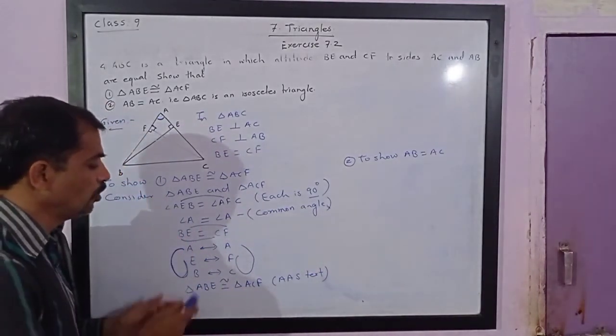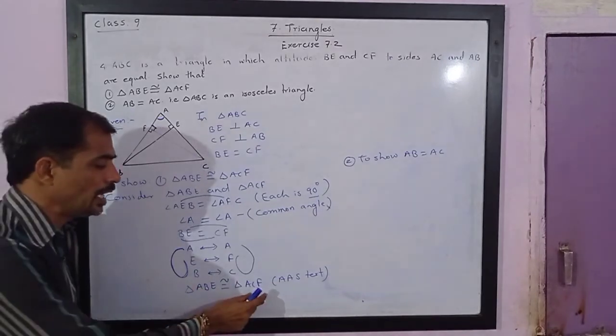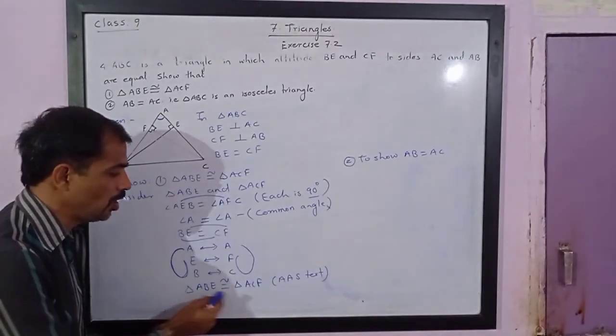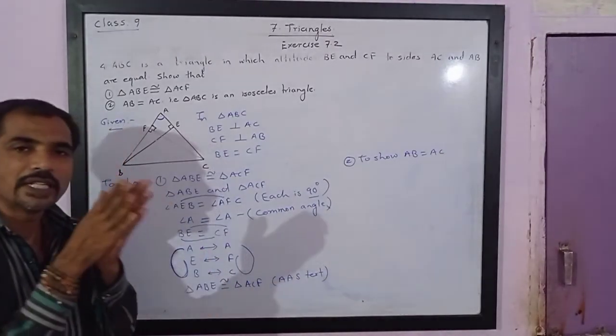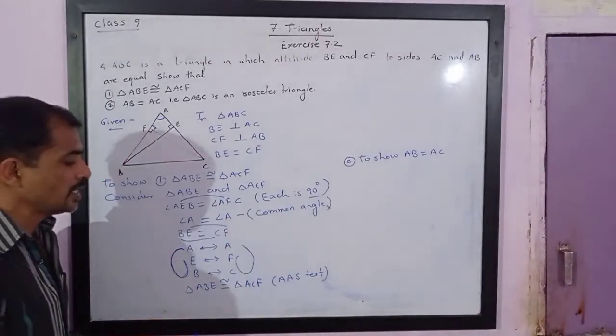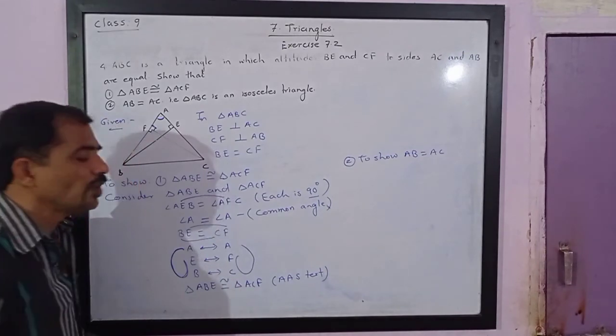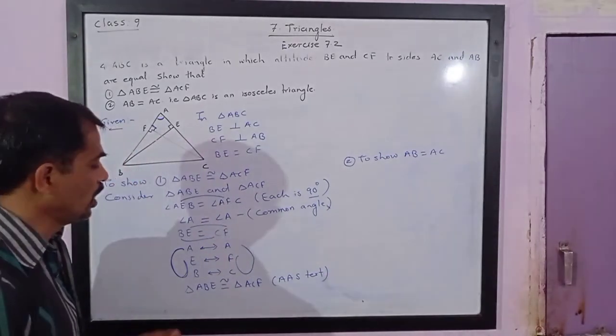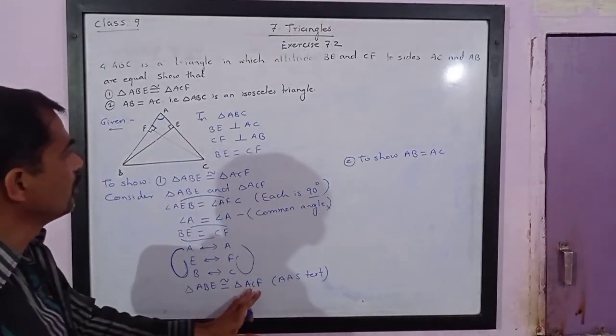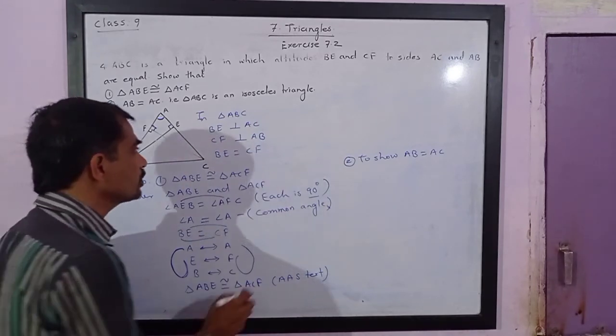So here, if you keep triangle ABE on ACF, that is A on A, B on C, and E on F, then they will exactly coincide. It means the side formed by the first and second vertex is congruent to the side formed by the first and second vertex of the other triangle. So here we will get AB is equal to AC.